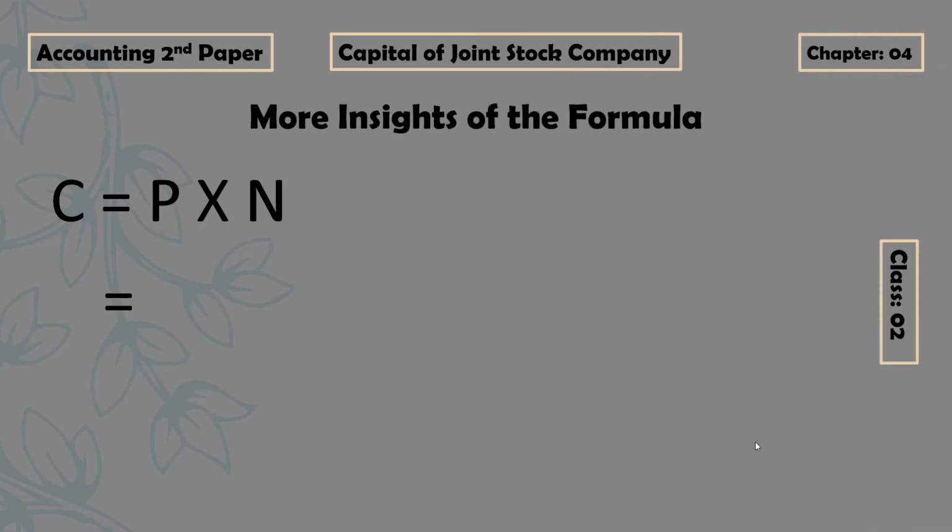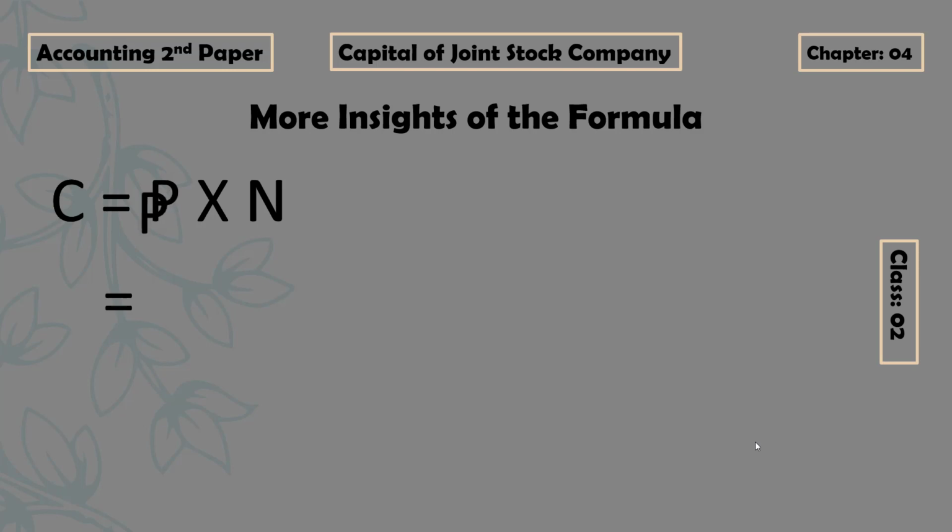This is some more insight into the formula. You have already learned C equals P into N. There are 3 elements in this formula: C is capital, P stands for share price, and N stands for number of shares. When you are asked to find either C, P or N, remember that among the 3, 2 must be given to you to find the third one.